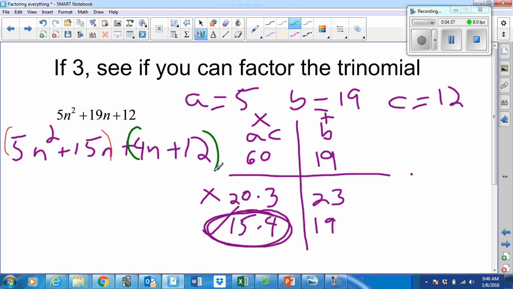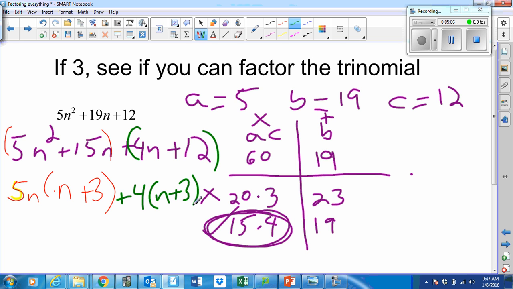So going to the red parentheses, 5n squared plus 15n, I can pull out 5n from both of those. And when I pull out 5n, I end up with n plus 3. So going to my green parentheses, I look at 4n plus 12 and I realize I can pull out 4. So I'm going to put plus 4 times n plus 3.